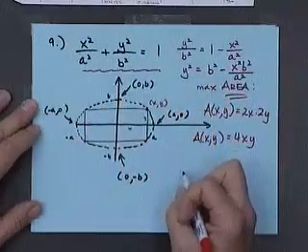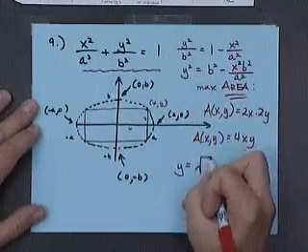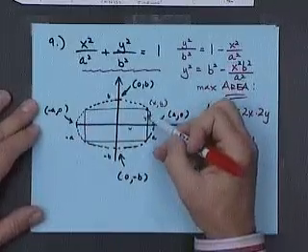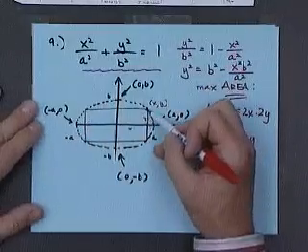Running out of room up there. So y would equal plus or minus, well, which one do we want? It really shouldn't matter, but we're dealing with area, so we want positive distances.